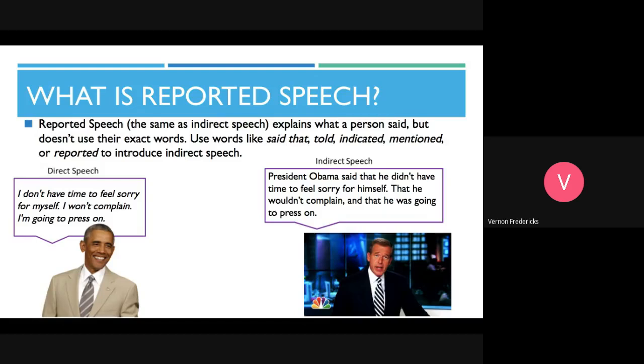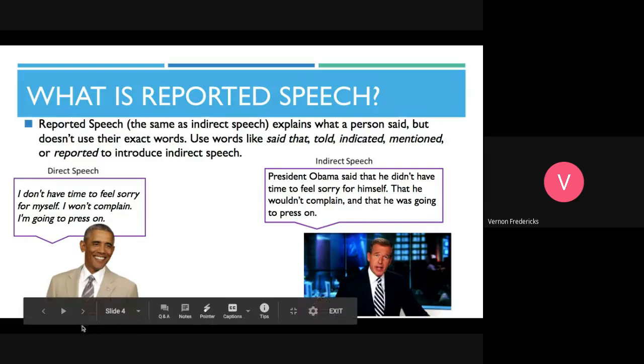In sentence number two the pronoun also changes, and in sentence number one the pronoun also changes. Just be aware that direct speech is the exact words of the person. In indirect or reported speech, we are saying what the person said, but there are a couple of changes that take place when we use indirect speech.